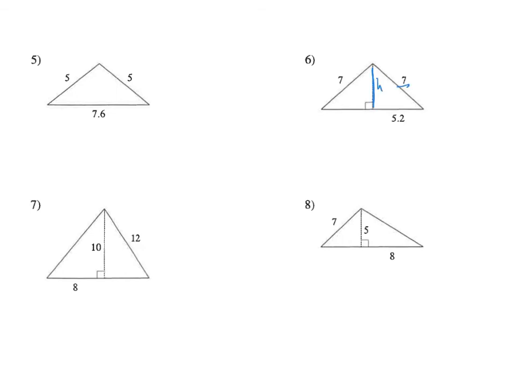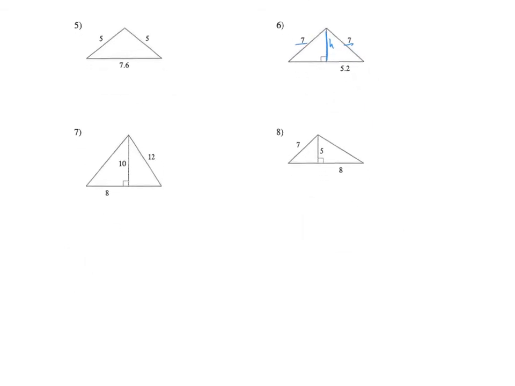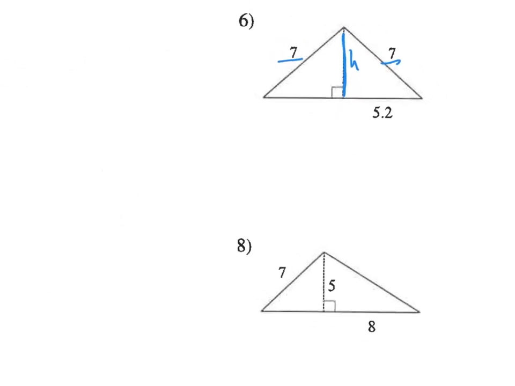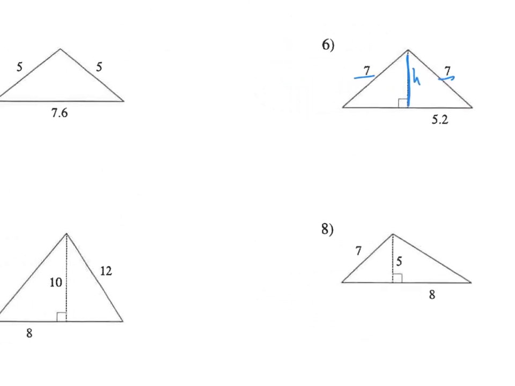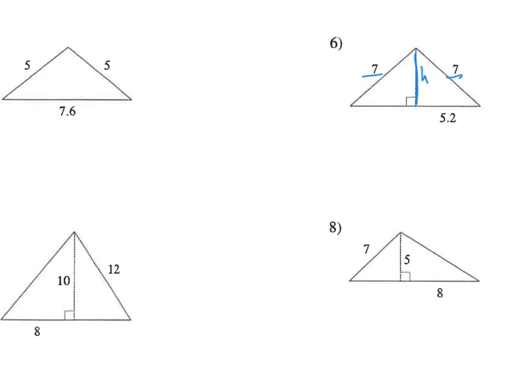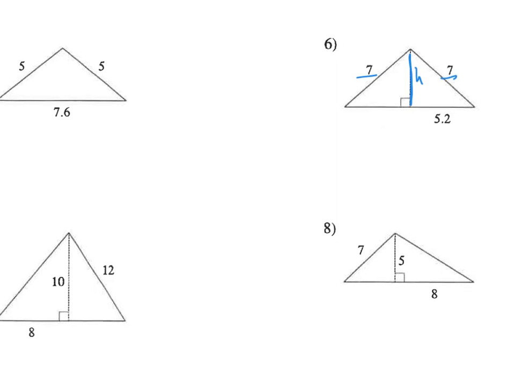And notice this is an isosceles triangle, so that tells you that the height splits the base in half. So the height splits the base in half. So I know that this is 5.2 on the other side as well.